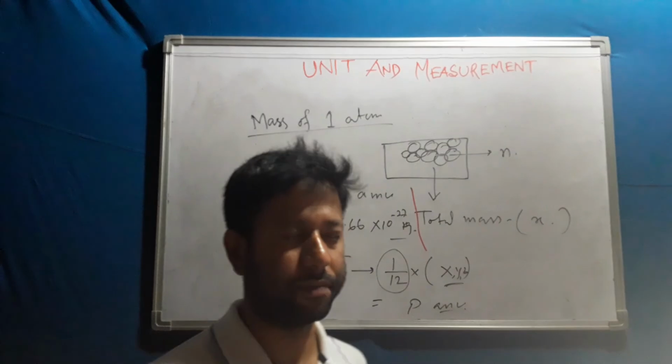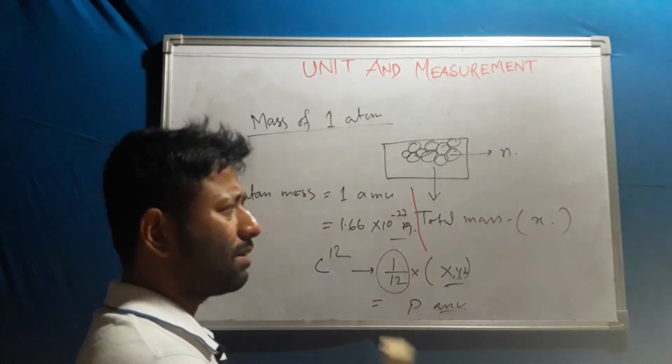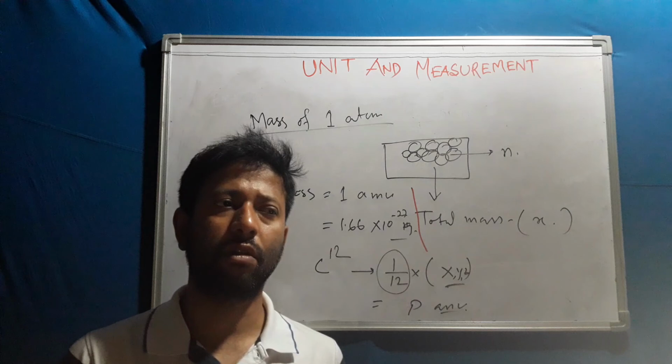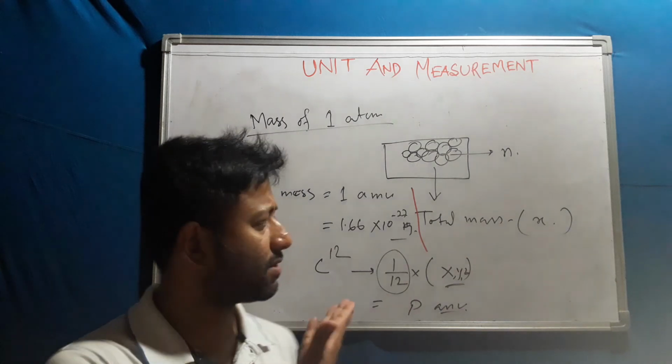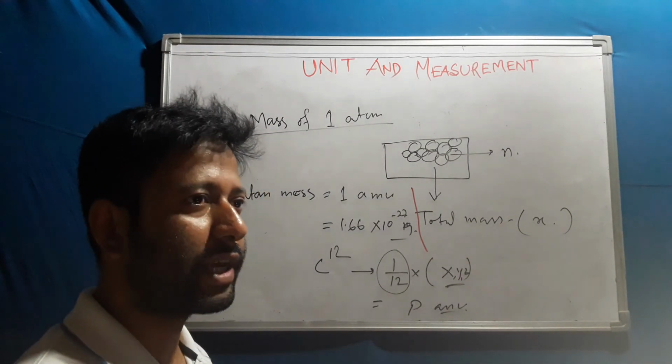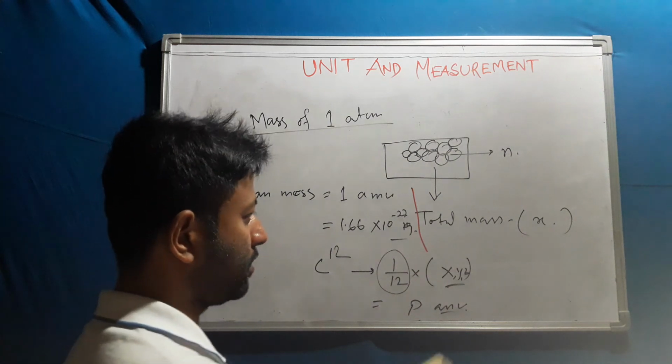This chapter basically gives a little idea. We will go through all these details later on, because all these things are covered in chemistry. We will get details on how we calculate one atom's mass.